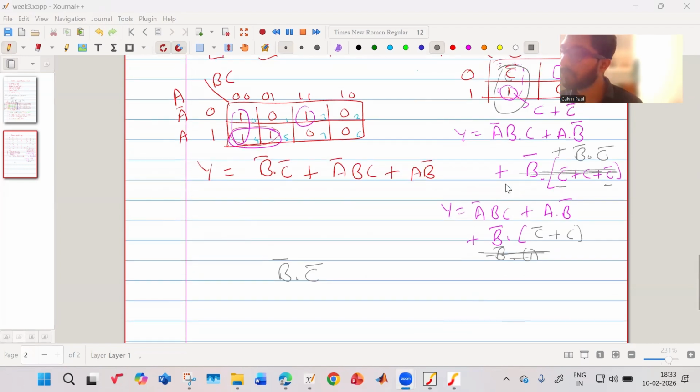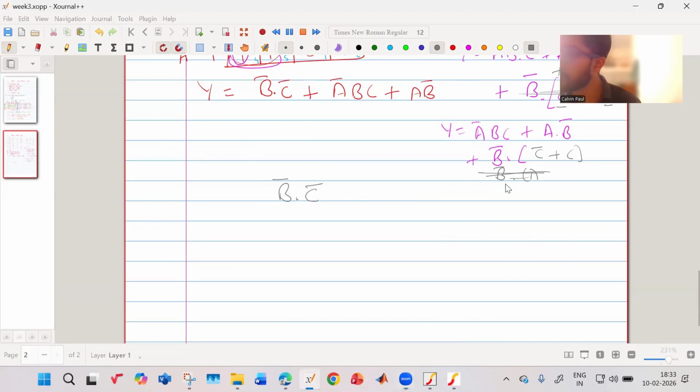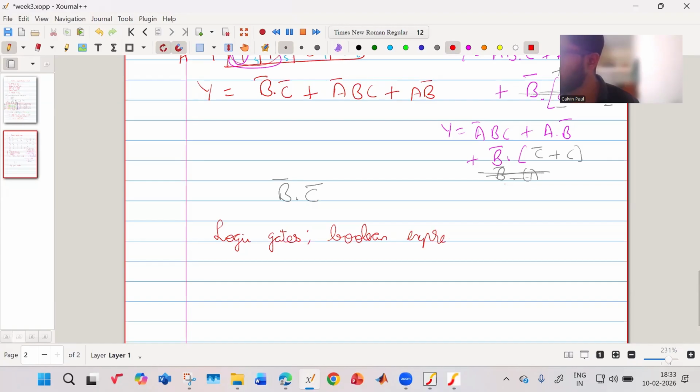Till now, you have just considered logic gates and you have used Boolean expressions, and you have not considered any propagation delay.